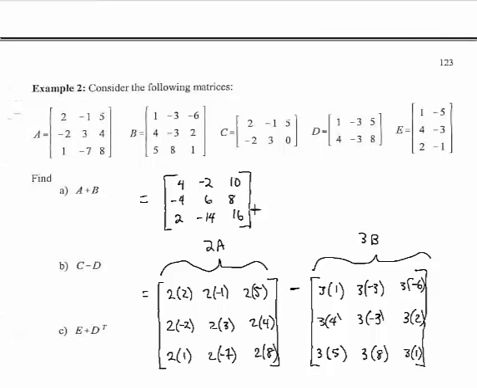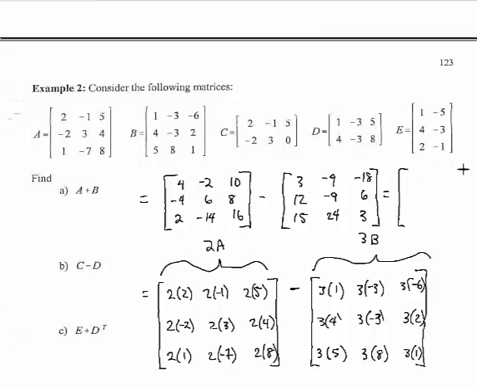This is 2a, and then we subtract from it 3b, which is 3, negative 9, negative 18, 12, negative 9 again, 6, 15, 24, and 3.